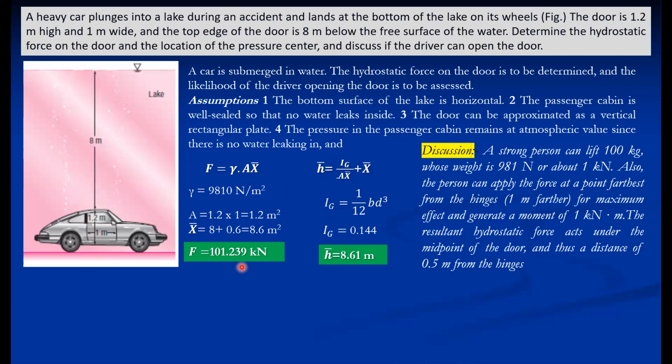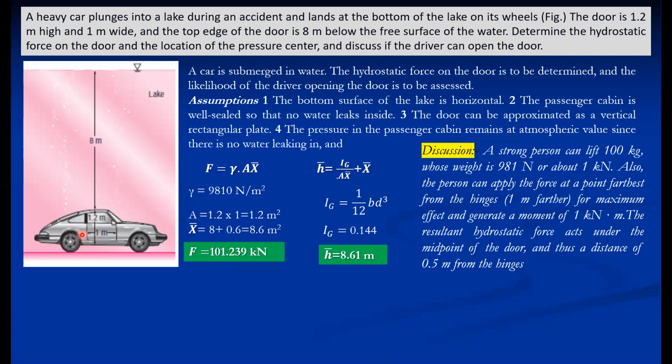So a strong person can lift 100 kg. His weight is 981 Newton, about 1 kilonewton. So the person can apply the force at a point farthest from the hinge. So the hinge is there, and we can apply the force here so that the force required can be minimized.